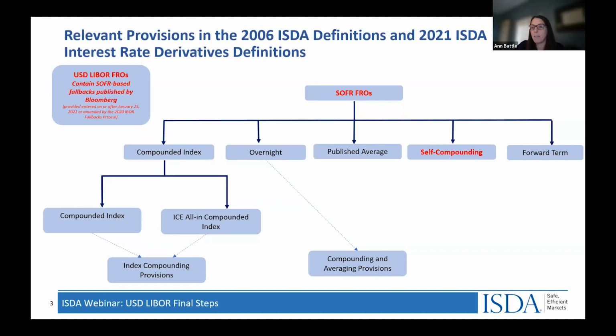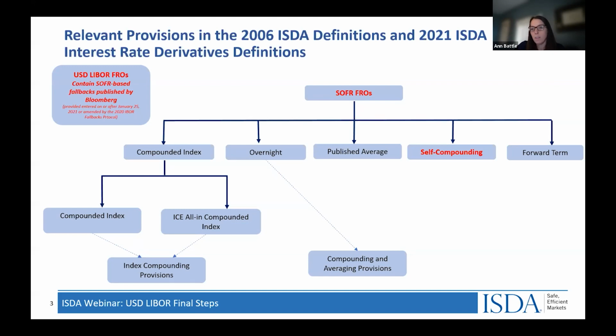And as the CCPs describe, when they transition, they're actually going to be transitioning their US dollar LIBOR FRO products to SOFR FRO products instead of falling back to the contractual provisions. But as they will also describe, these conversion practices utilize the mechanics of those fallbacks in order to accomplish the transitions.